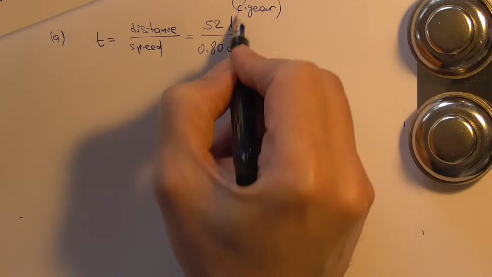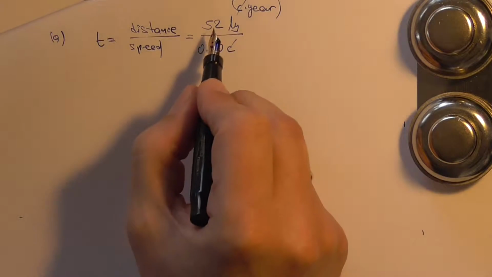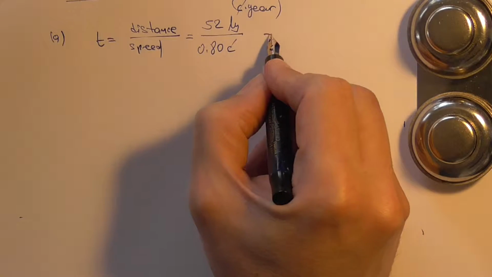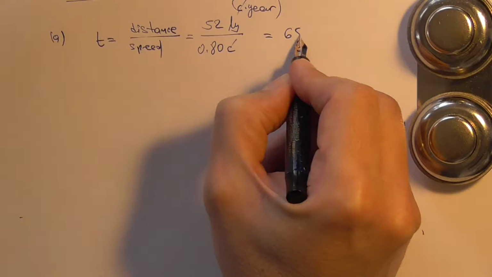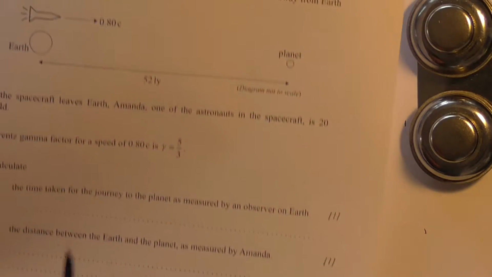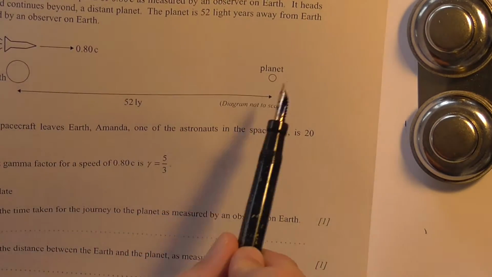So you can see that this will cancel this speed, and you will get the result in years. So it's 52 divided by 0.80, and you get 65 years. So the Earth observer will measure 65 years until the spacecraft reaches the planet.